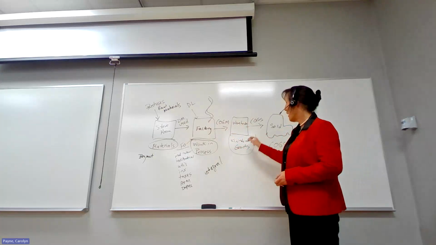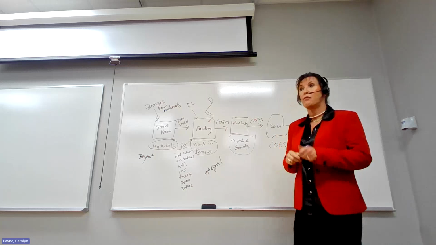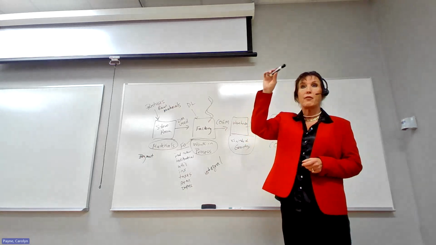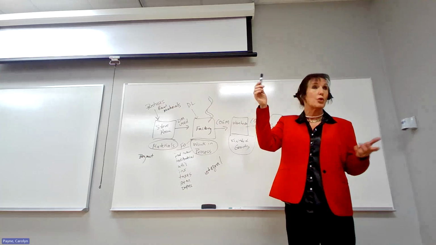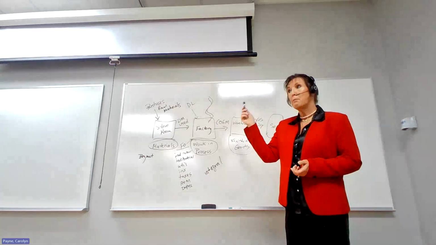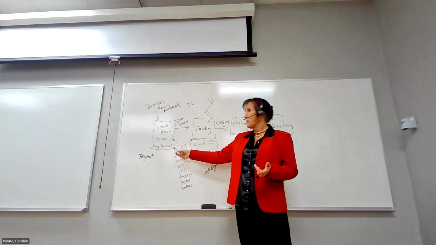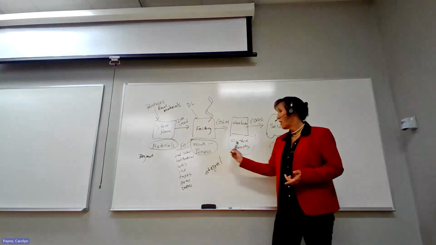So if we are a business that's a merchandiser, we have one inventory account, called inventory or merchandise inventory. But if we're a manufacturer, then we have materials, work in process, and finished goods.